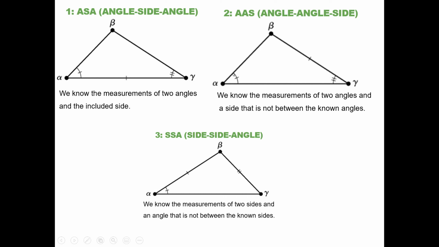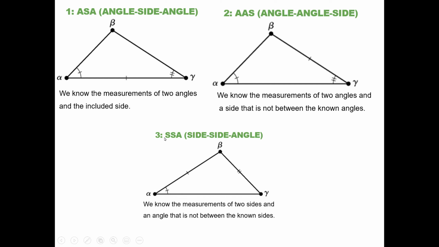AAS, that refers to angle, angle, and the side. So notice that in this situation, the side is not included between the angles. It's actually on the side of one of the angles. This situation is abbreviated as AAS, angle, angle, side.